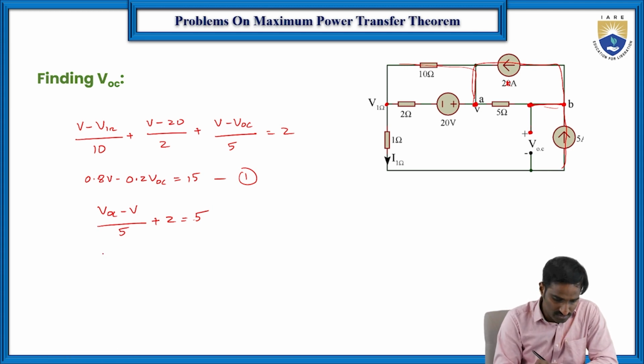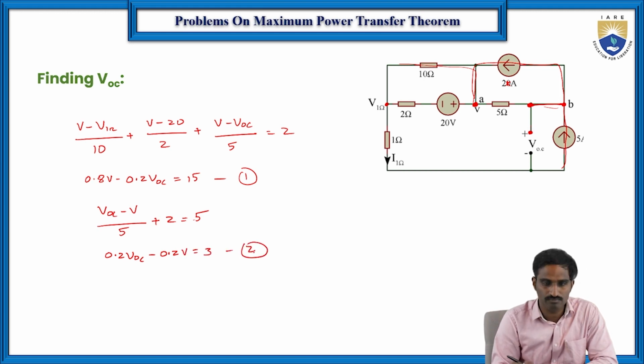Then if you simplify this, you will get equation 2: 0.2 VOC minus 0.2 V is equal to 3. This is equation number 2.